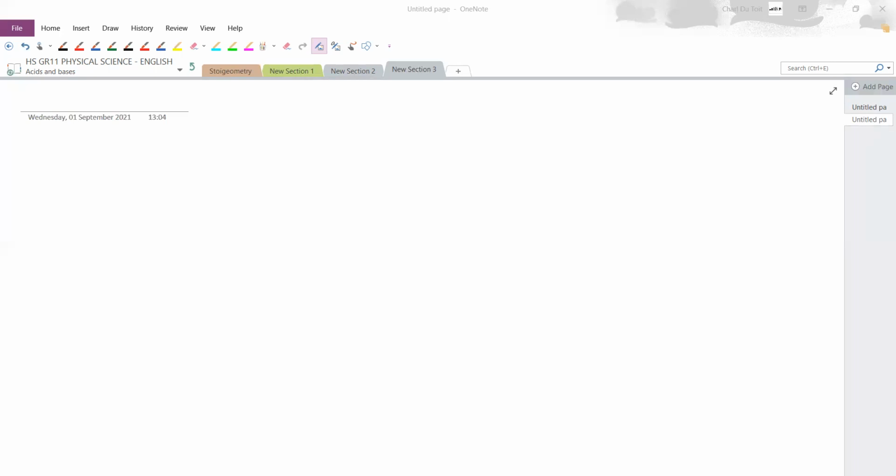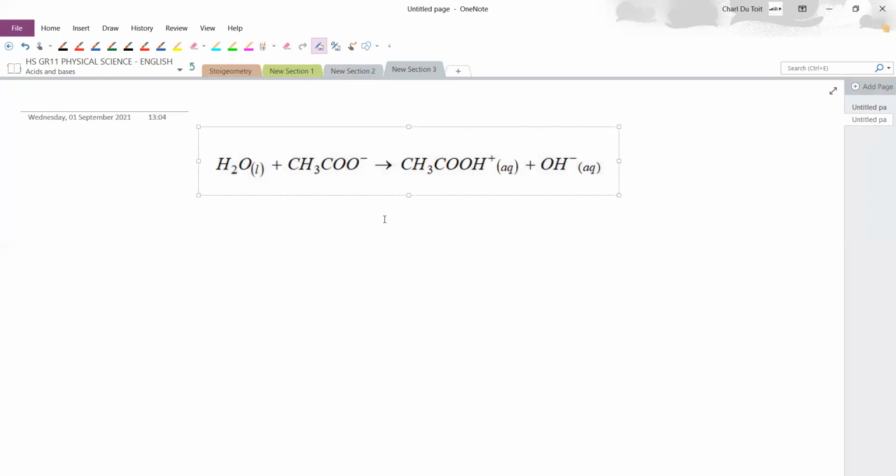So let me just look at a couple of examples. I'm going to copy and paste a couple of examples here. Let's just do this one first. I don't remember if we've done this. Then I've got water added to acetate ions, and that gives me acetic acid, which that plus is wrong there.